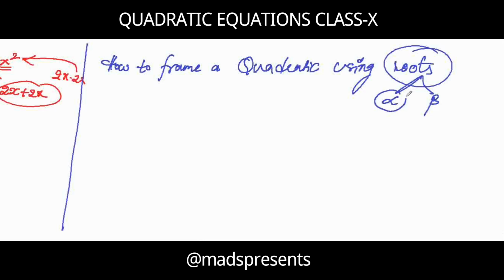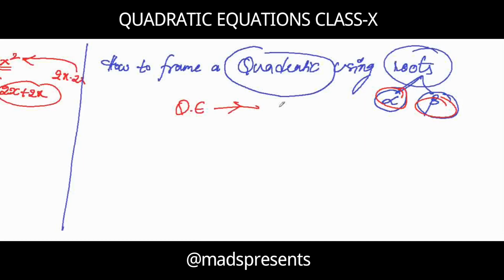So using these two roots, how to frame a quadratic equation. It is completely reverse. The previous topic was about how to find these two. Now, from a quadratic equation, how to get alpha and beta, that is roots. Now this concept is from alpha and beta, how to get a quadratic equation.